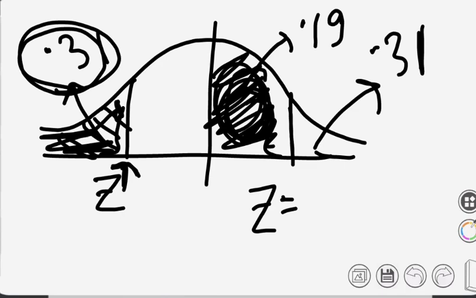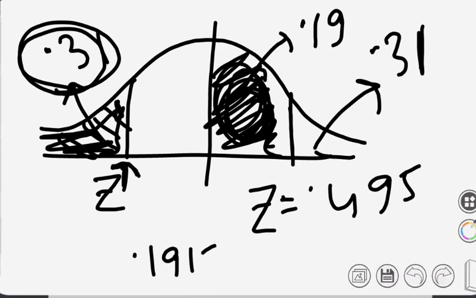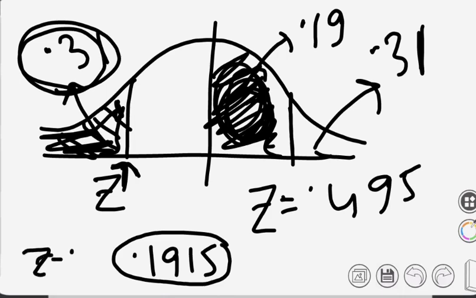So in the table, what we can find is 1879, 1915. Something like Z equals 0.495 or 0.5, because here at 0.5 the value is given as 0.1915, isn't it? তাই নয় কি টেবিলে?